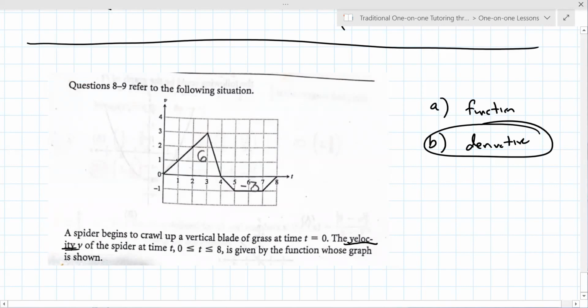Then its velocity went to -1, stayed at -1, went to 0. I see. Okay. So v equals 0 means it's not moving. V greater than 0 means it's moving forward. V less than 0 means it's moving backward.